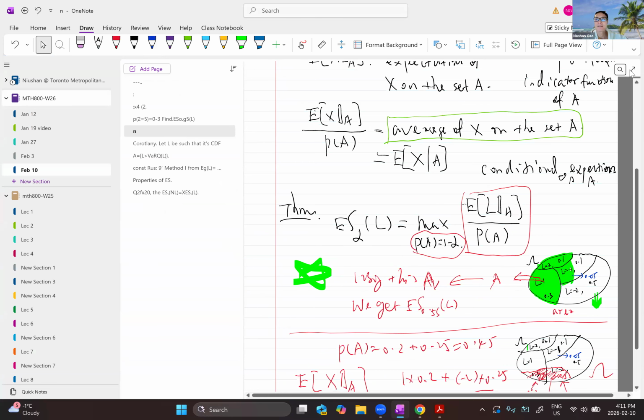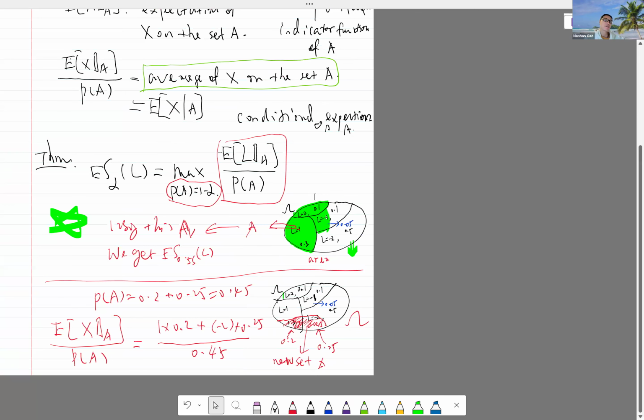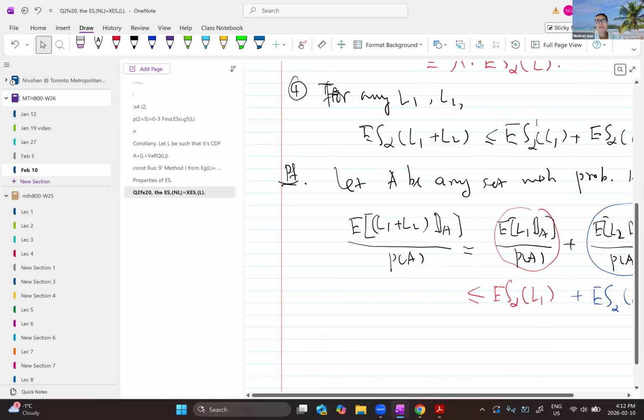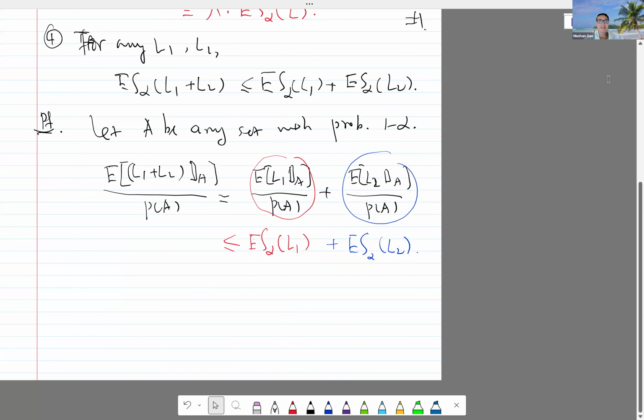The expected shortfall of L is the maximum conditional expectation of L over any set with probability 1 minus alpha. So for an arbitrary A, the conditional expectation is always less than or equal to expected shortfall. That is what I'm using. So A is any set with probability 1 minus alpha.